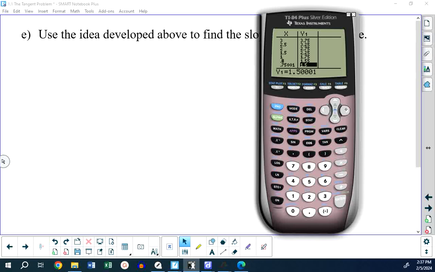And I hope you understand or trust me that if I go 0.75000000000001, this is going to say 1.5, and it will probably say 1.5 here because my calculator will round it to 1.5. But it's not exactly 1.5. What do we conclude? The slope of the tangent must be 1.5. It's an intuitive thing, right?